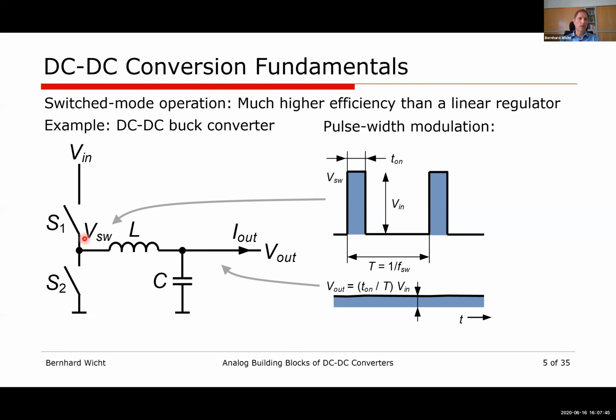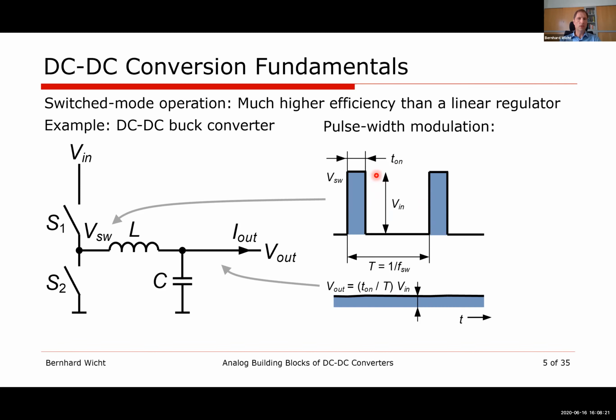By doing so, we basically convert our input voltage into a pulsing switching node waveform, as shown here on the right. It is followed by an LC low-pass filter, which builds the average voltage out of these pulses, which leads to the output voltage as shown here, which is more or less a DC voltage. Of course, there's some remaining ripple, but it is the average of the pulsing waveform.